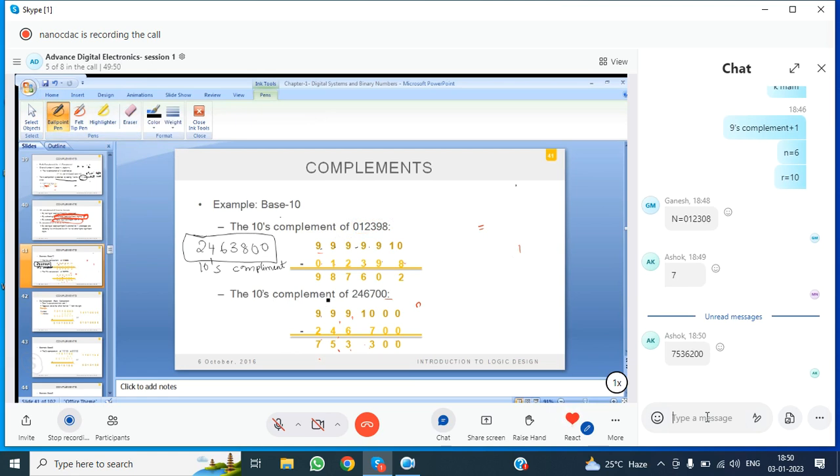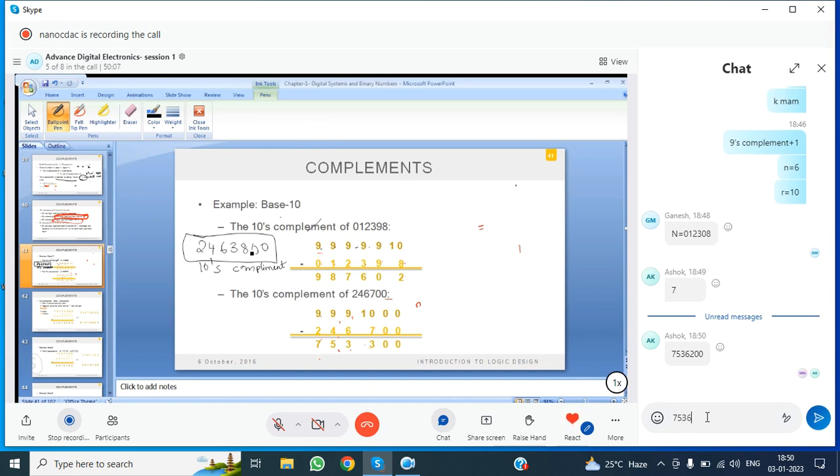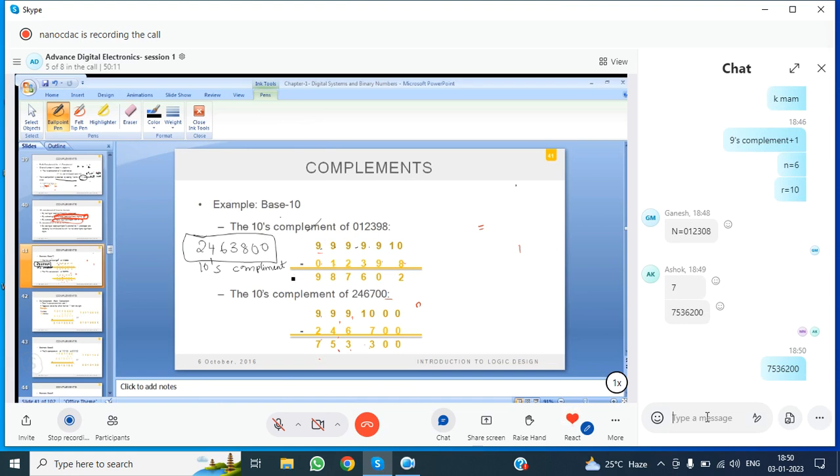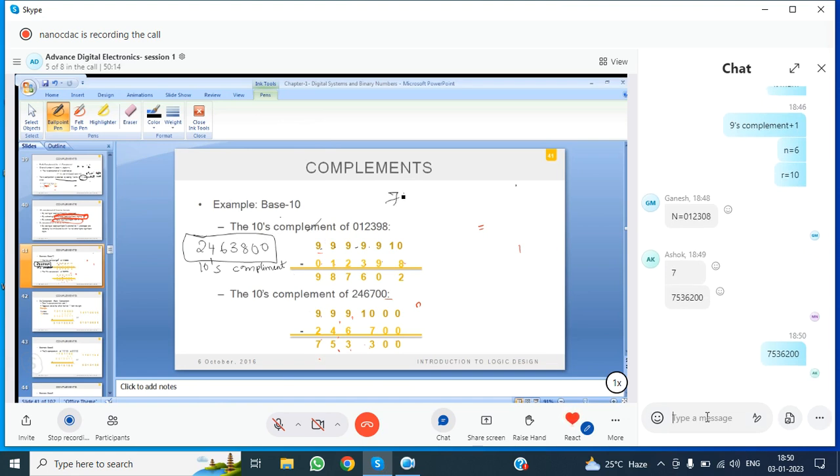Okay, 7 నేను రాస్తాను అగండి. What is it? 7 5 okay. So 2 4 6 3 8 00 కదా. What we have in this, 7 5 3 6 2 00.